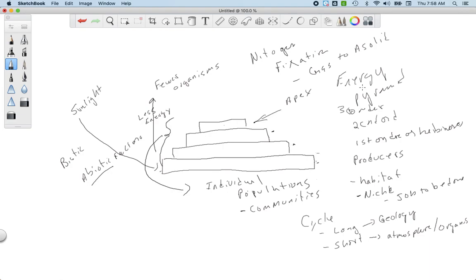Similar things happen with nitrogen. Nitrogen is a gas in the air. It makes up most of the air that we breathe, but it's not readily available to living organisms. There are a few organisms out there that can, in the roots of plants, take nitrogen gas directly out of the air and convert it to a solid, attach it to a carbon compound, and that process is called nitrogen fixation. It's an important part of the nitrogen cycle.